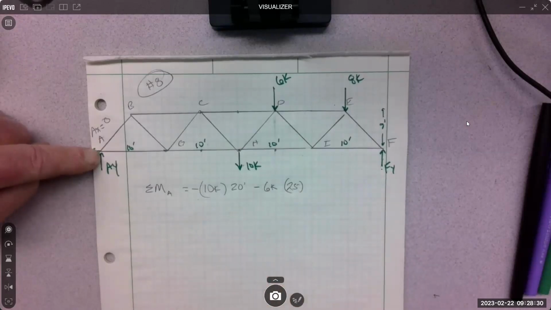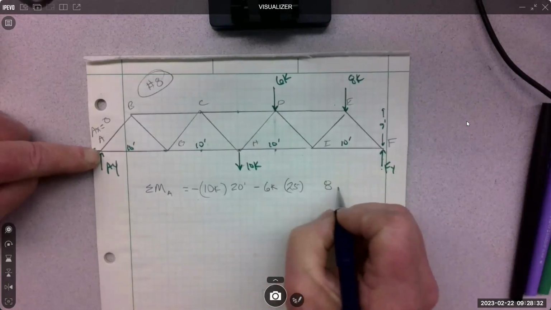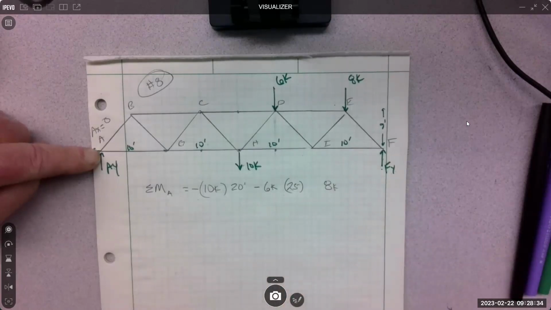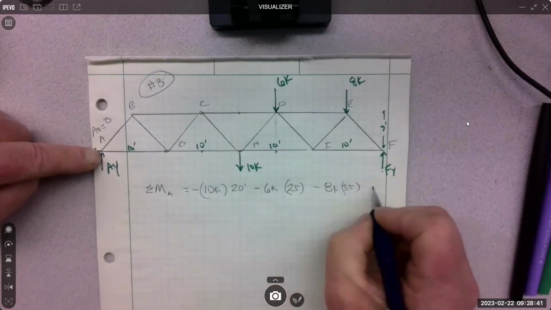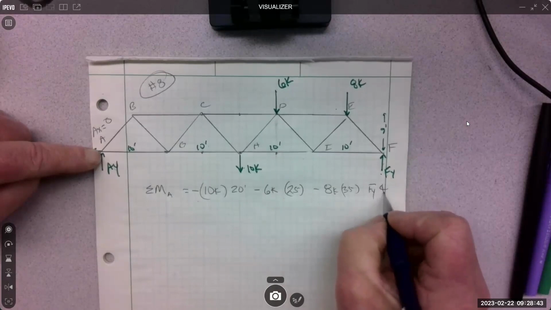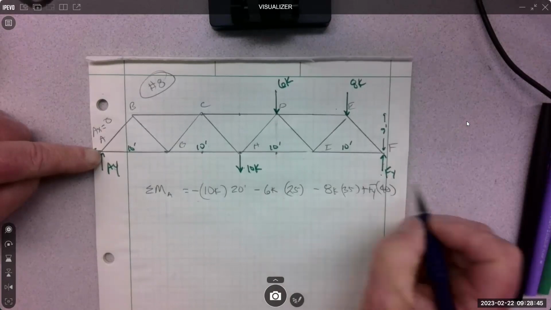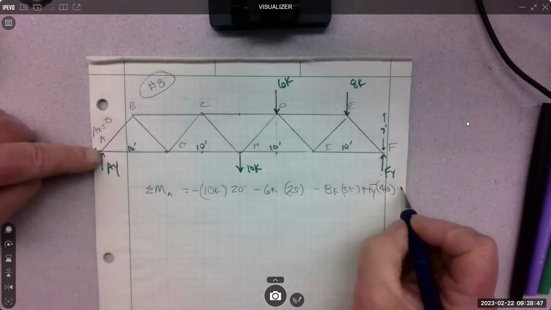Negative rotation, same rotation. And then 8K times 35, minus. And then FY times 40, plus. Set it equal to 0.